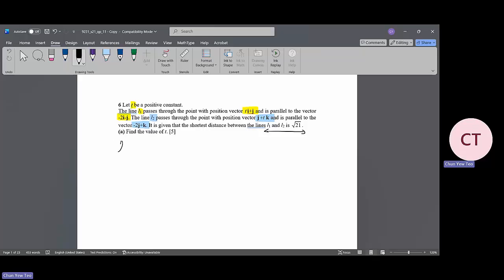So what you need to do is to form the equation of the line L1 first in vector form. So I will use position vector (t, 1, 0) plus lambda times direction (negative 2, negative 1, 0). Then L2 is (0, 1, t) plus, with parameter mu, (0, negative 2, 1).